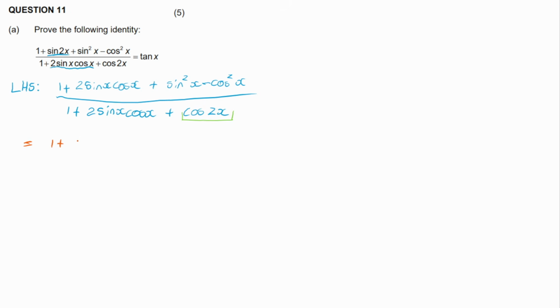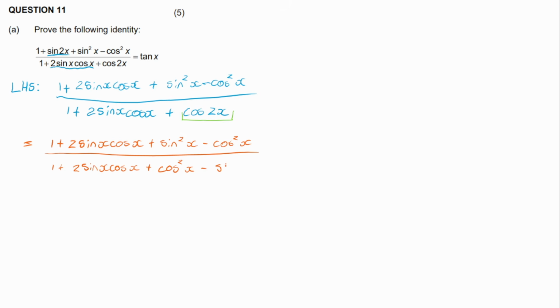So the top stays exactly the same, but now I'm going to rewrite this cos 2x as cos squared x minus sine squared x. Now everything's in the same format over there.